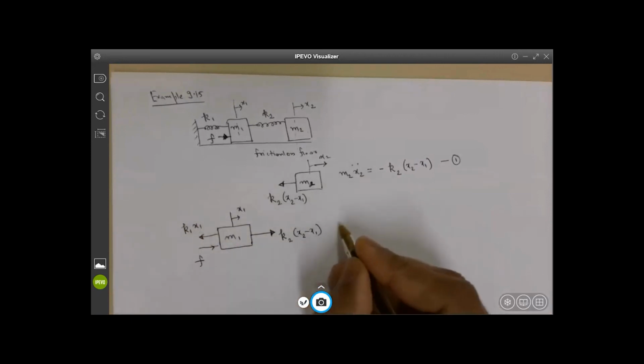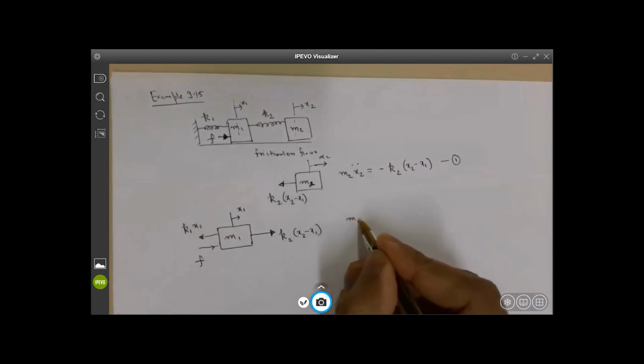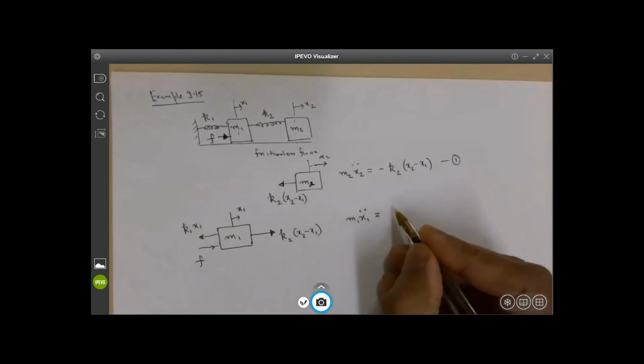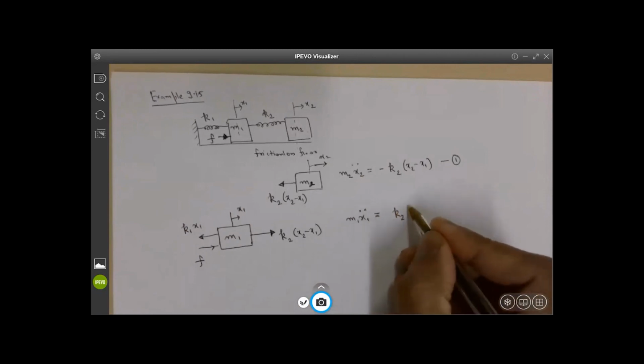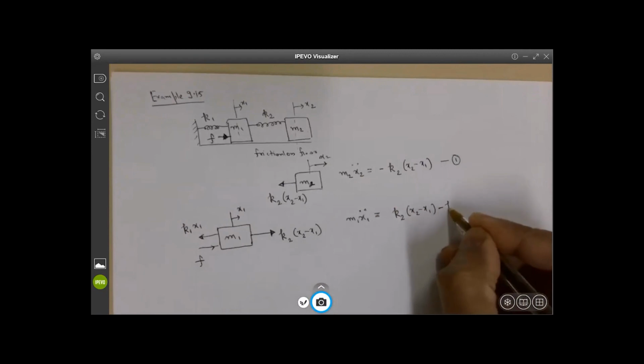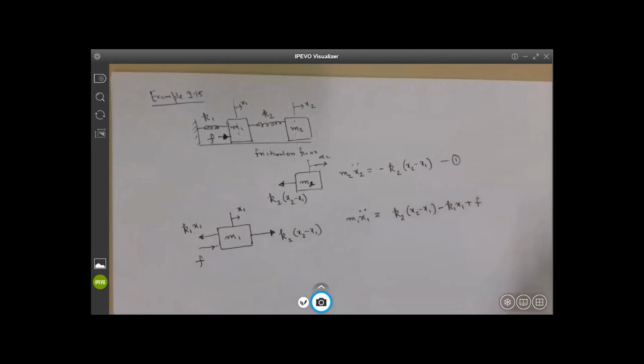So the equation of motion is mass times acceleration, the double derivative with respect to time, equals K2 (x2 minus x1) minus K1 x1 plus F. That is your second equation.